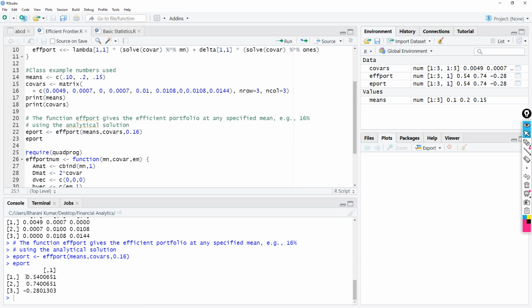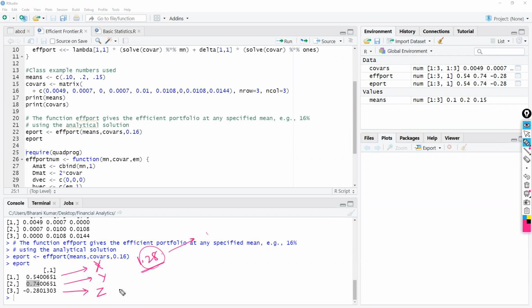This much is what you need to invest in X. 0.74. This much is what you need to invest in your asset Y. But then if you look at the X and Y combination, you get 1.28. So where will you get that 0.28 extra from? What you are saying is short sell Z.